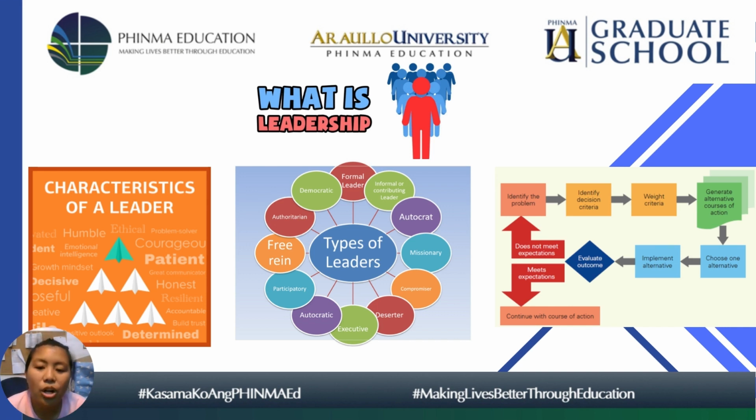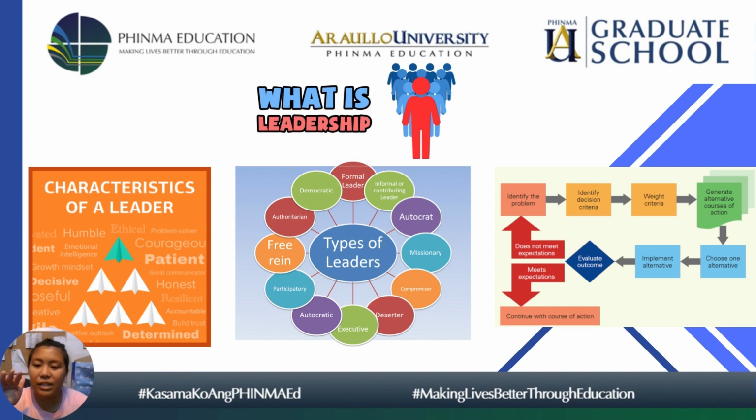Okay? We also have here executive, one with the highest regard for service or work, as well as for workers or people. Ito yung kino-consider as the highest type of leadership. Kasi high regard for work and high regard for people. Ano yung difference ngayon ng executive sa compromiser? Si compromiser, so-so lang. Okay, hindi natin ma-achieve yung work, basta okay pa yung people.